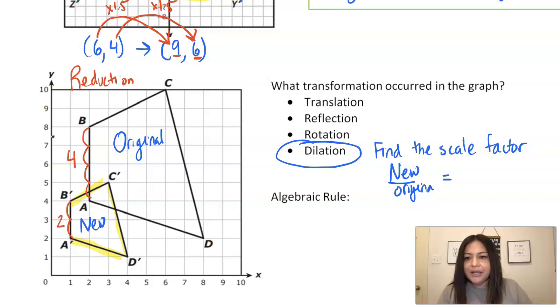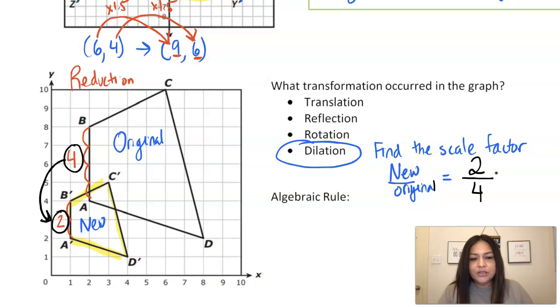So once again, I'm asking myself, what number did I multiply by times the original to get the new? And in order for me to figure this out, I'm going to have to find my division of new divided by original. So right here, be careful. The new one is actually the 2, and the original is the 4. Now I could turn this into a decimal, or I could just simply simplify.